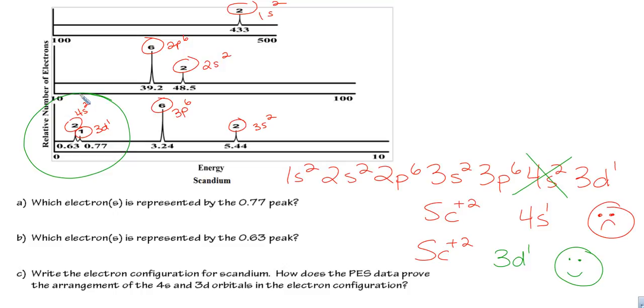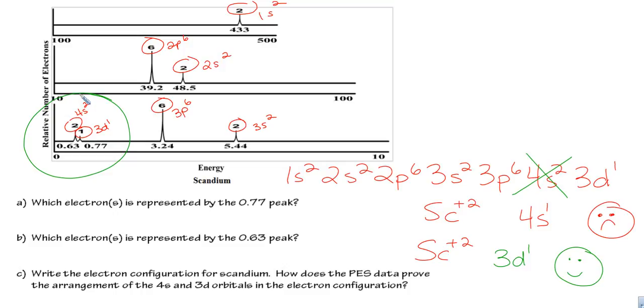But when we form ions, we remove the electrons with the lowest ionization energy, which always means the ones that are furthest from the nucleus. And that's confirmed by this PES graph, that when I start removing electrons, I remove the electrons with the lowest ionization energy. That should be the 4s2. Everything else kind of pans out.